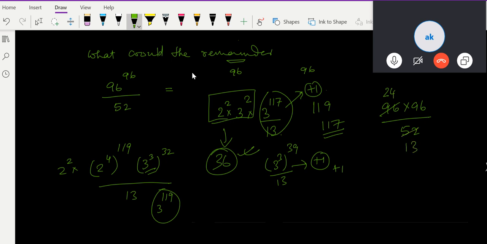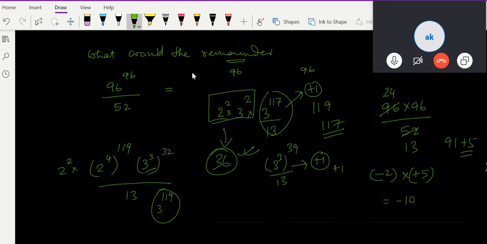Correct? 24 divided by 13 will give me a remainder of minus 2 multiplied by 96 over 13, which will give me a remainder of plus 5. 13 sevens are 91, plus 5 is 96, right?